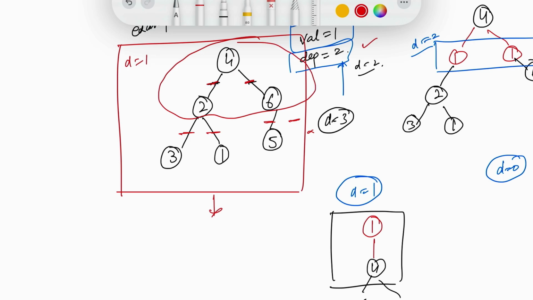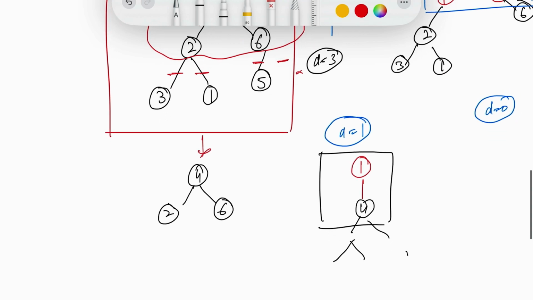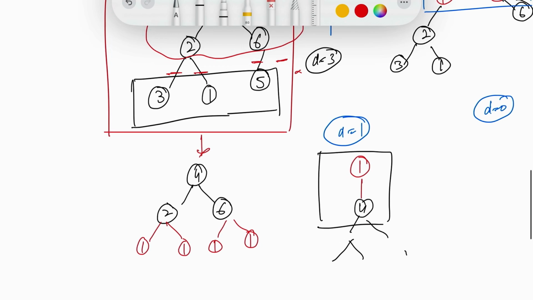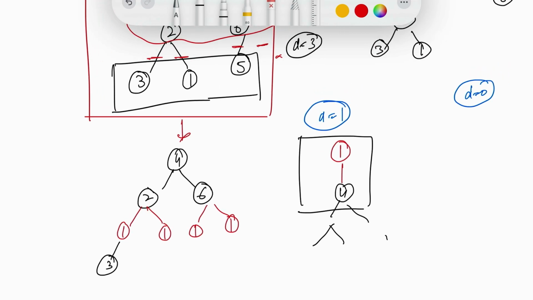This tree till depth 2 will remain the same. So 4, 2 and 6. Now we have to introduce our level at depth 3. So from depth 2 we are going to add values, and these values will be attached to this level. 3 is the left of 2, so 3 will be the left of this one now, and 1 is the right of 2, so 1 will be the right of this.